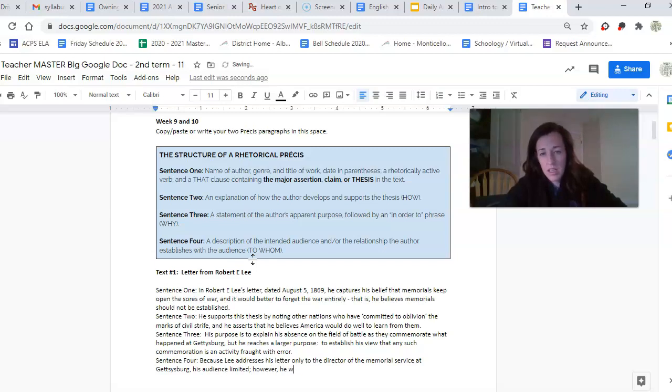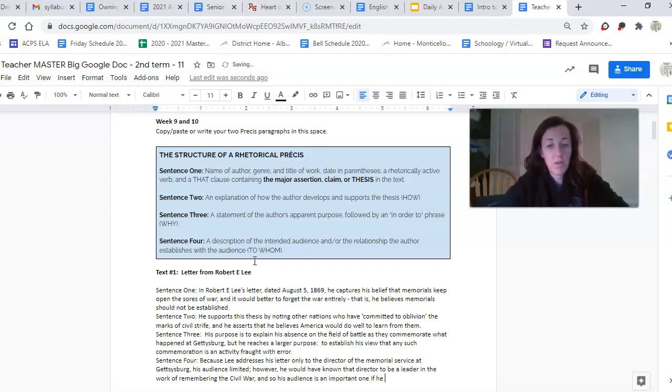However, he would have known that director to be a leader in the work of remembering the Civil War, and so his audience is an important one if he wishes to explain his view on being remembered. He does not wish to be remembered.